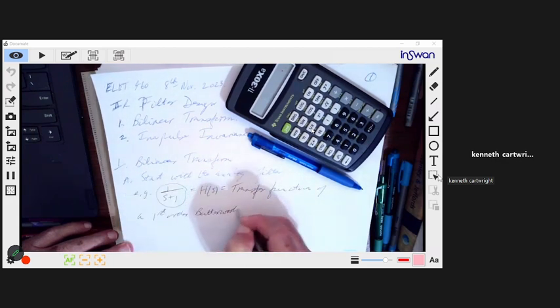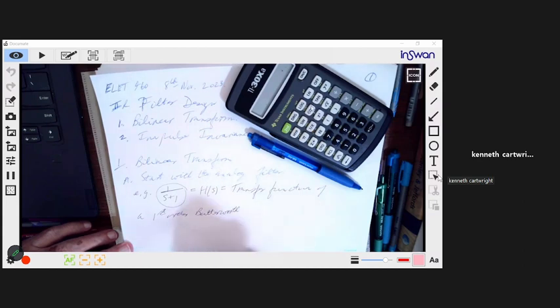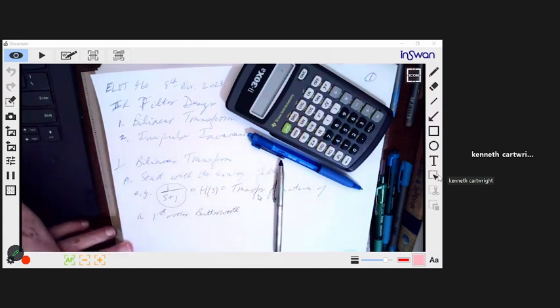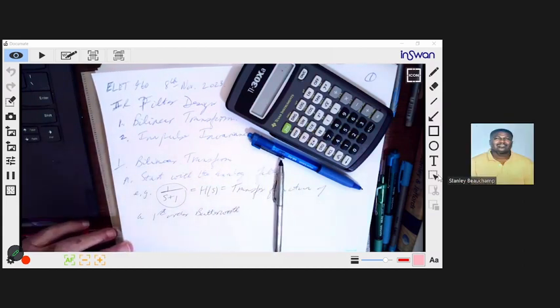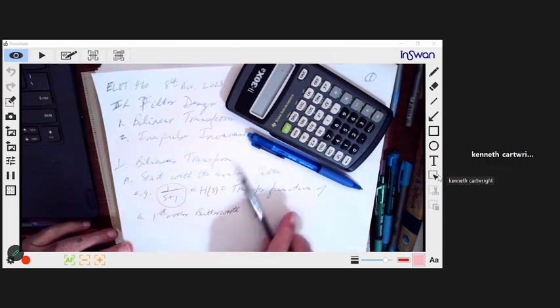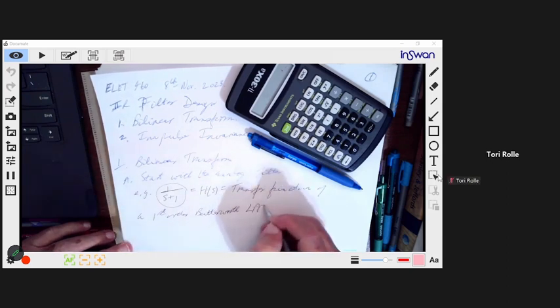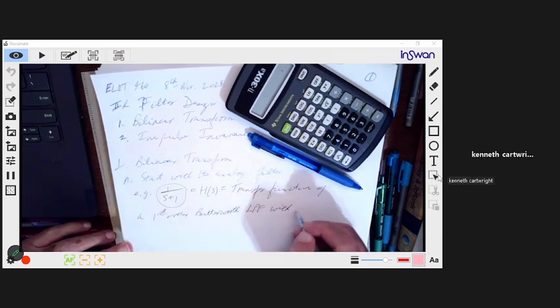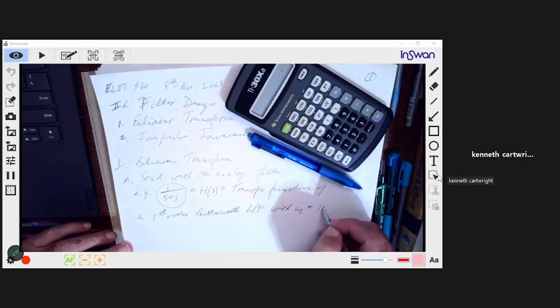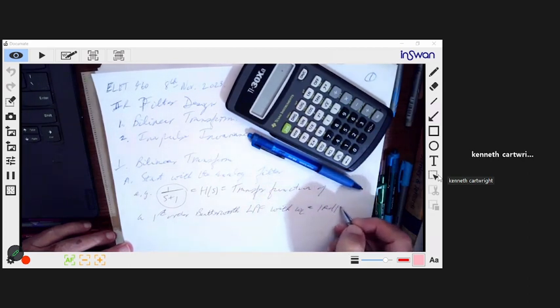Finish it for me. That's the cutoff frequency of 1 rad per second. Yeah, but you haven't told me what kind of filter it is. Low pass filter with omega C equals 1 rad per second. Good. That's from 410.